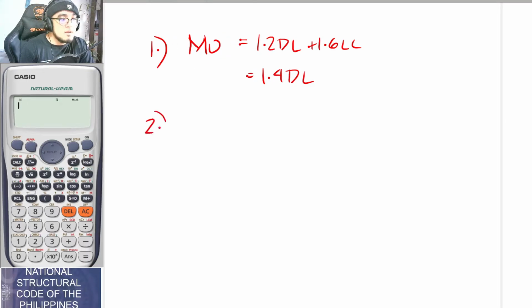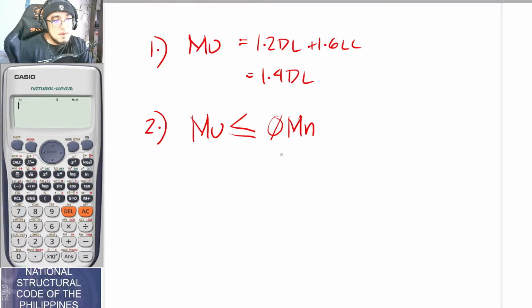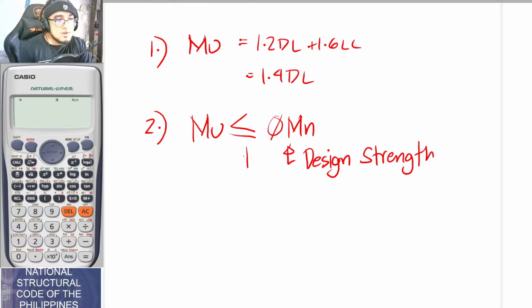Then second is for you to get the nominal moment required. And if you can remember, your Mu should be less than or equal to phi Mn. So your phi Mn here is basically the design strength of your section. And from this equation, guys, we will now be getting the Mn.